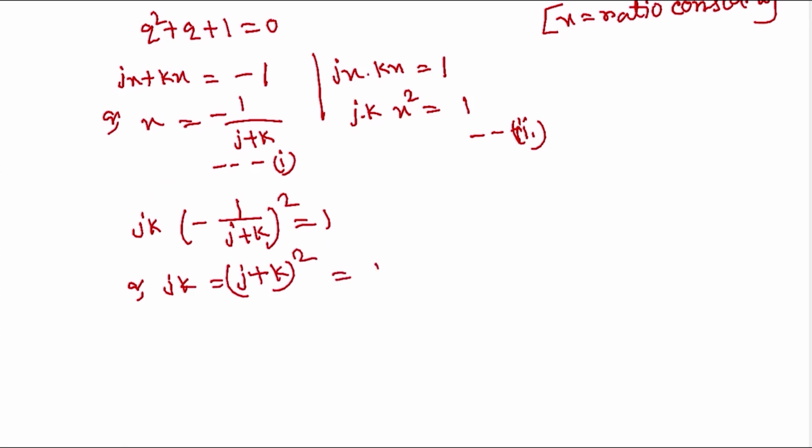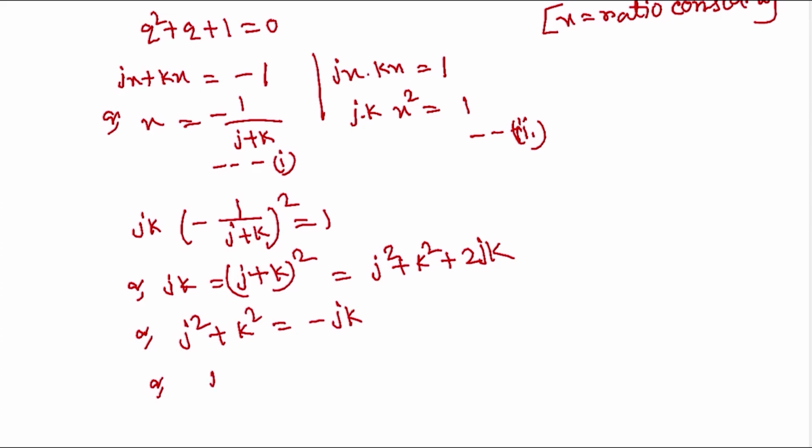Let's expand it: j square plus k square plus 2jk. Or j square plus k square equals minus jk, right? That means let's take each term on the left side, so it becomes 0.